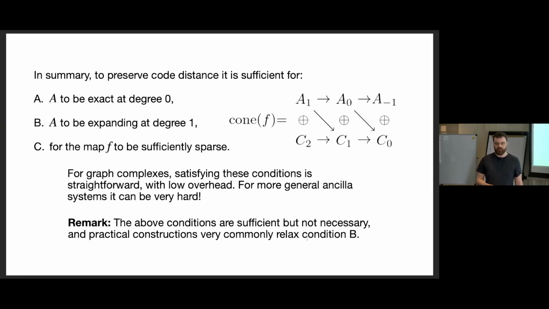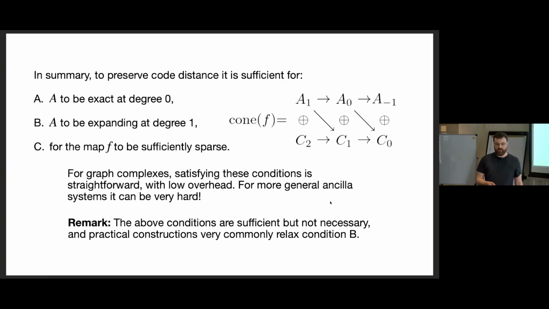I want to comment on this slightly because, okay, distance is a useful figure of merit, but really what you care about when you're making some fault-tolerant logical protocol is the weight enumerator of your code, either a space-time code or a literal code. And this, I think, is one of the reasons why these bivariate bicycle codes work quite well, because even though the distance might be some amount, a lot of the logical faults that you can get are actually quite a bit higher weight than that.